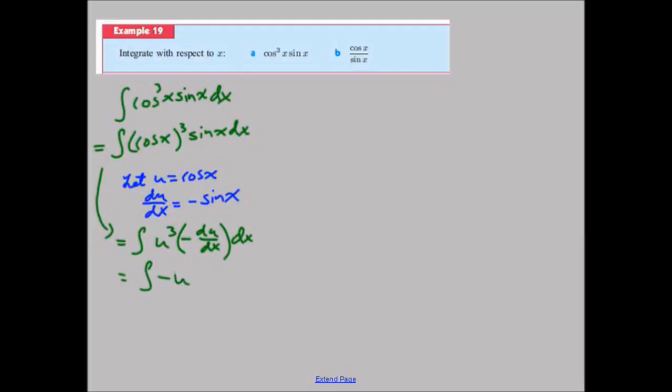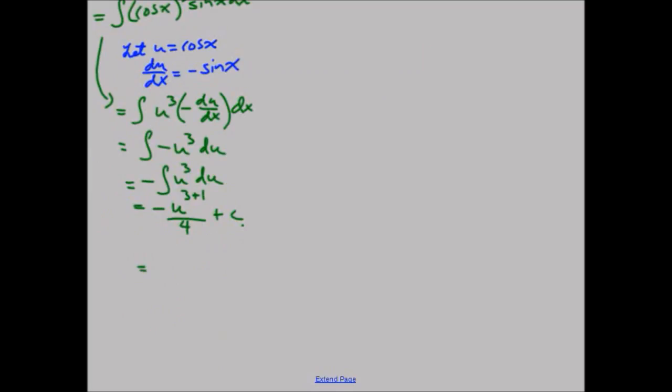So negative u cubed du. You can put the negative out if it makes it easier looking for you. So then negative u to the power of 3 plus 1 all over 4 plus c.